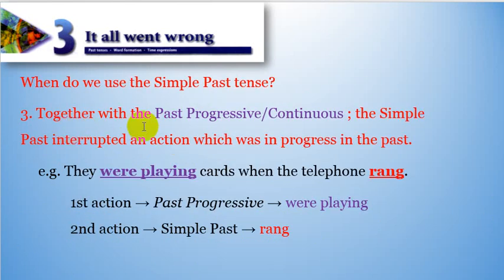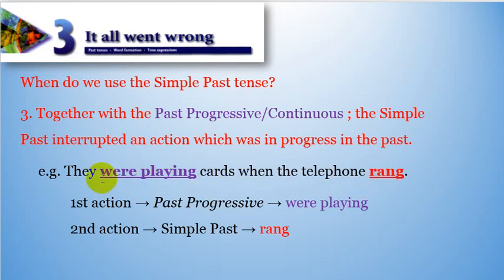Third, together with the past progressive or continuous tense, the simple past interrupts an action which was in progress in the past. Let's explain this a little more. They were playing cards when the telephone rang.